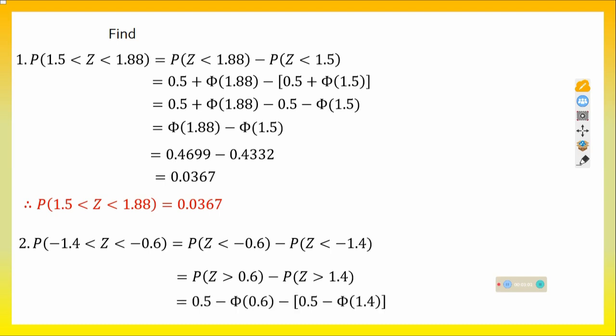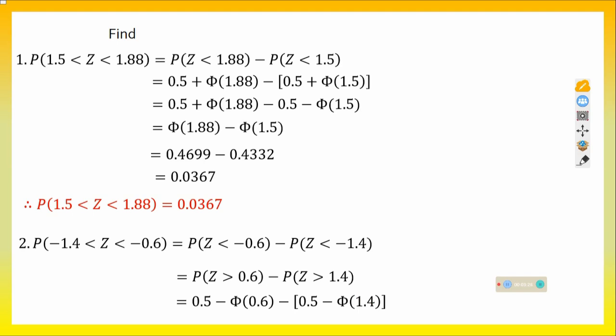From there we shall manipulate this. If it is greater, we use a minus. If it is less, we use a positive. So probability of z greater than 0.6 minus probability of z greater than 1.4 will be the same as 0.5 minus the table reading of this, then minus 0.5 minus the table reading of 1.4.